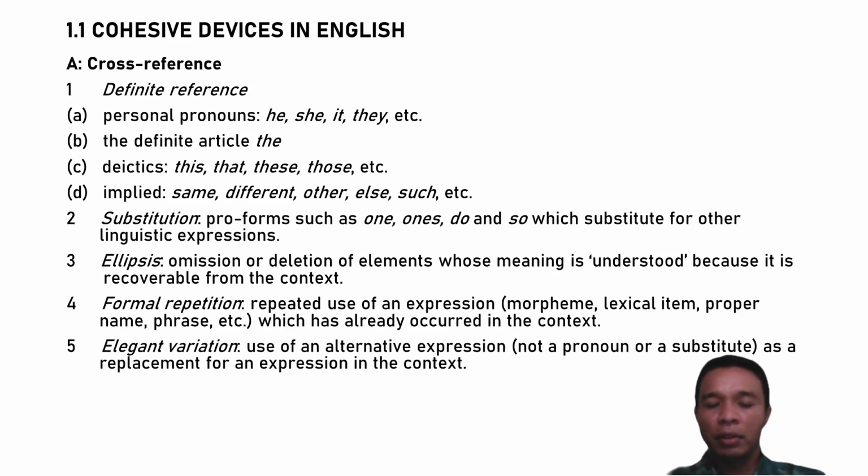Formal repetition, or repeated use of an expression, in this case a morpheme, lexical item, proper name, phrase, etc., which has already occurred in the context. 5. Elegant variation, use of an alternative expression, not a pronoun or a substitute, as a replacement for an expression in the context.